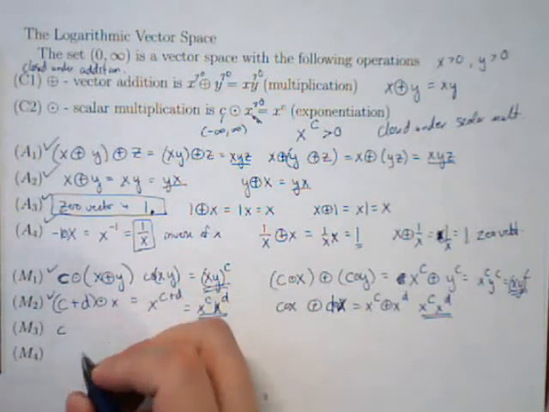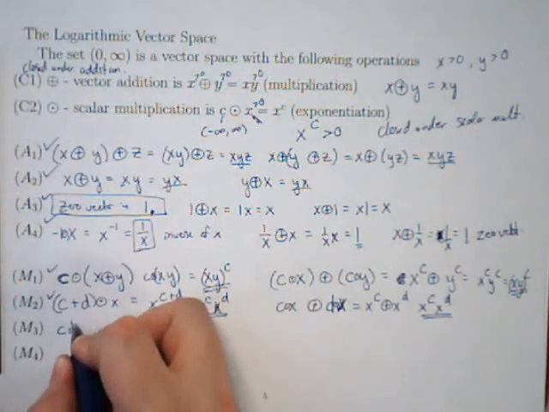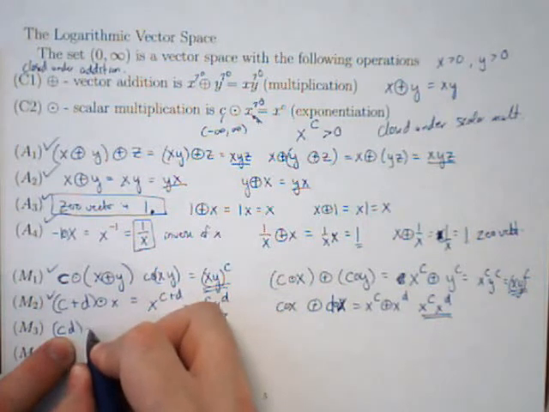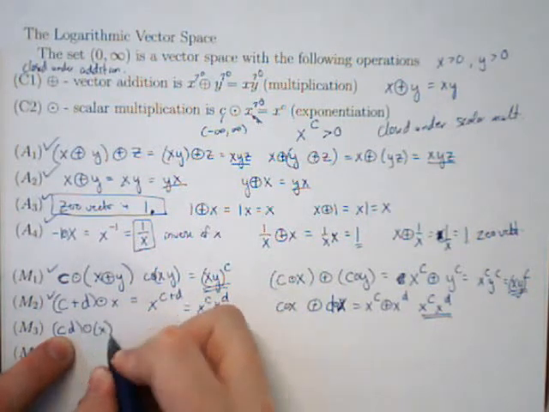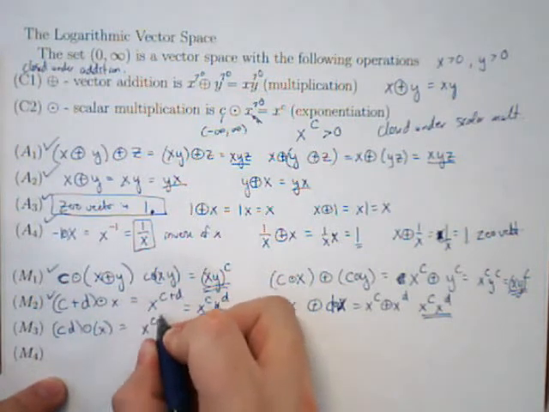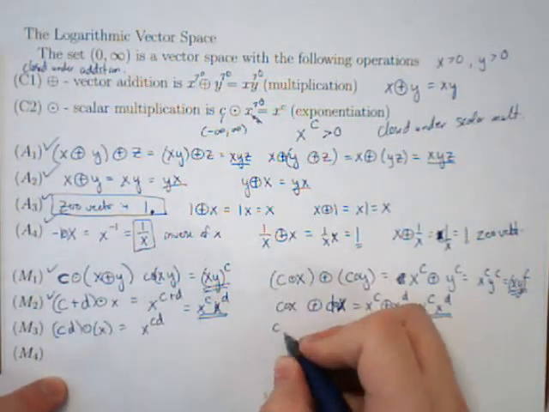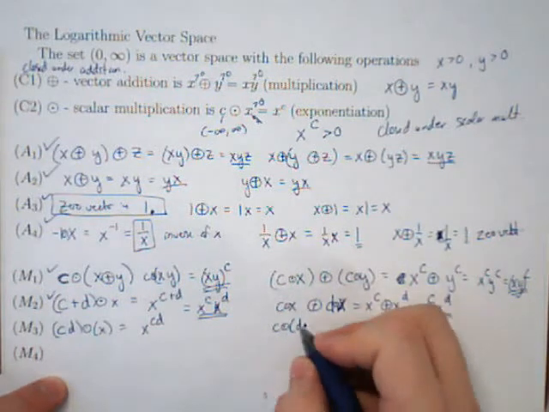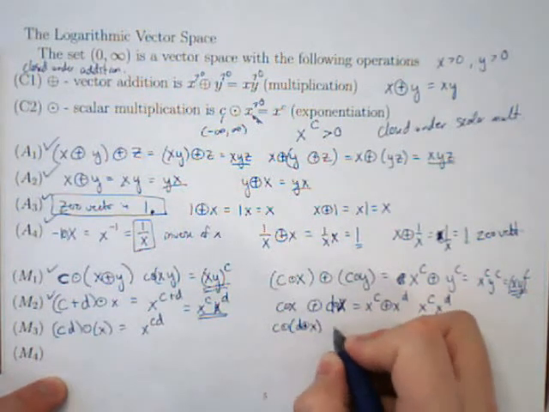Now we look at what happens if I do c times d, where this multiplication is in the real numbers, and then I multiply that by x. Well, that means let's take x to the cd. Similarly, what if I do d times x and then multiply that by c?